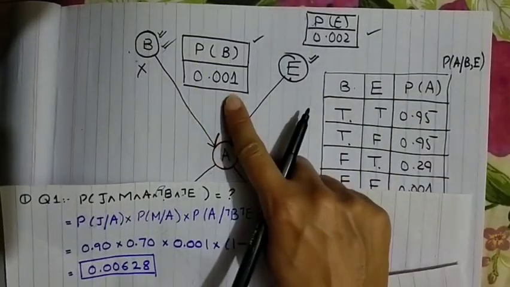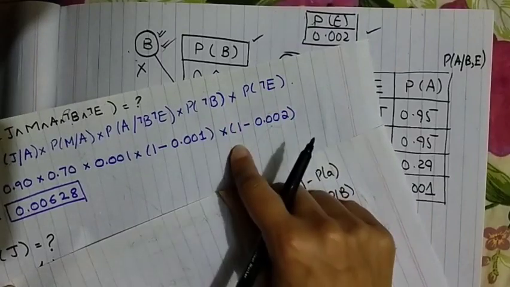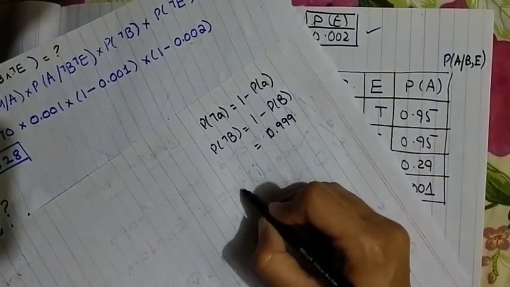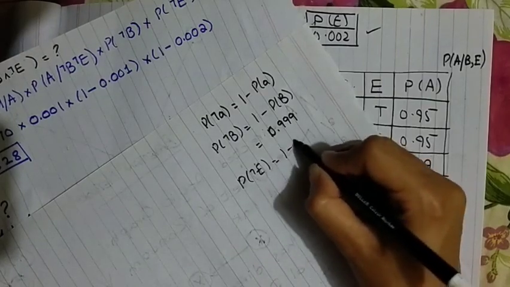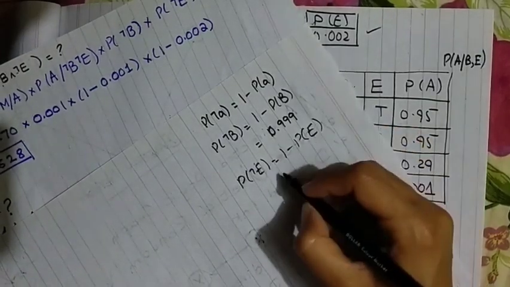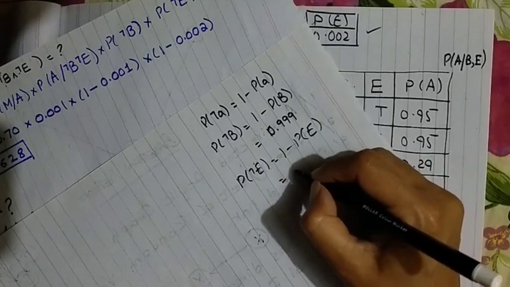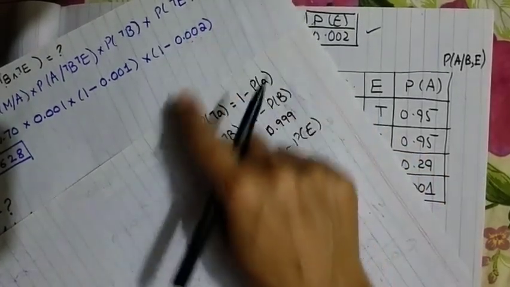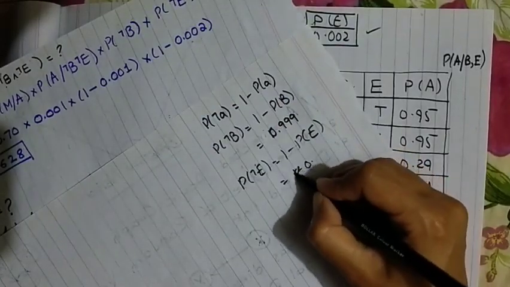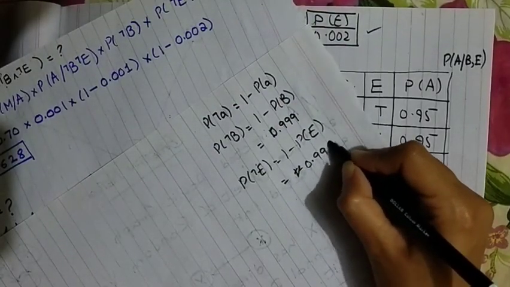and that will give us the output of 0.999. ठीक है, same would be the case here for this formula, but वो हमारे पास क्या हो जाएगा, probability of not e equals to 1 minus probability of e, and in that case we will get 1 minus 0.002, and that would be equal to 0.998.